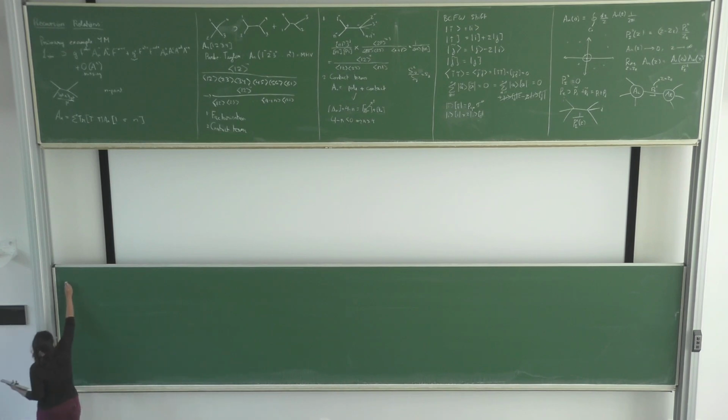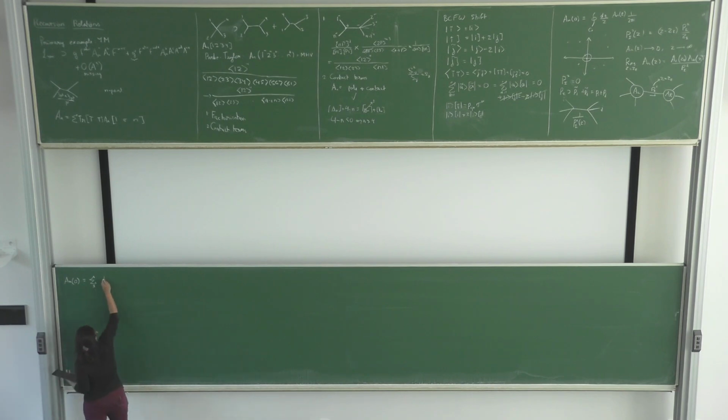Good. So let me just write it down here. We've said that an of 0 is a sum over I, where I is various different factorization channels, AL at zi, AR at zi over pi square. Okay?